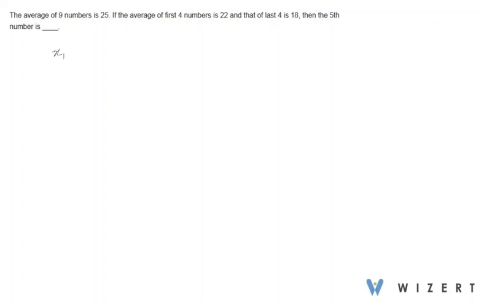So let's see x1, x2, x3, x4, x5, x6, x7, x8 and x9 be the required 9 numbers. Now it's given that the average of these 9 numbers is 25.